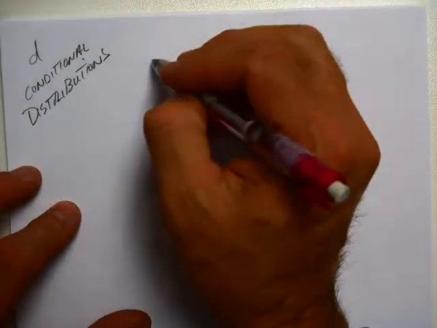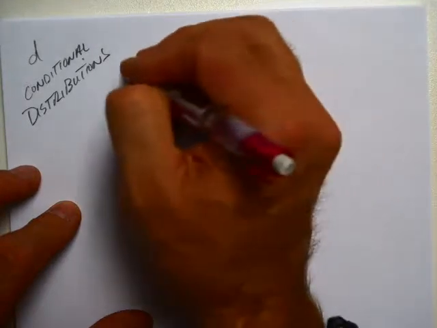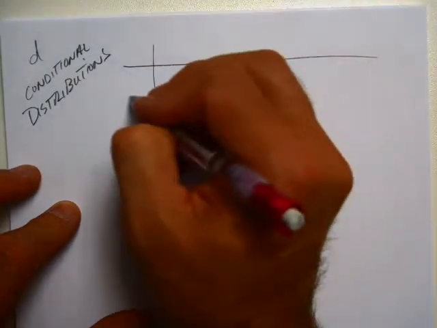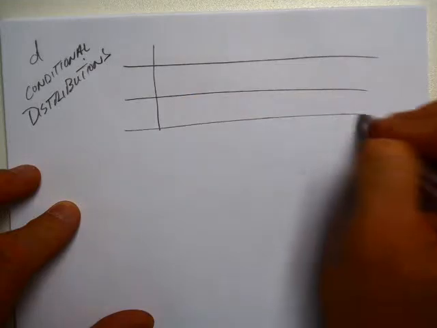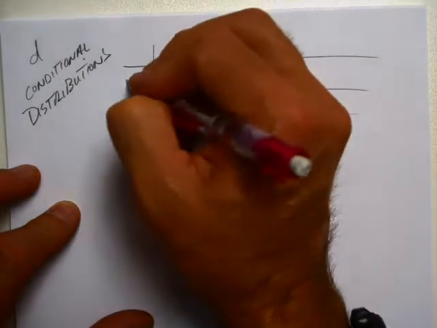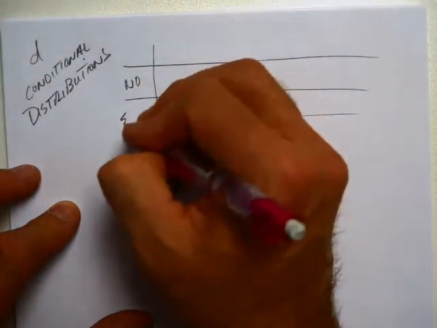Now, conditional distributions can be done a couple of different ways. It says calculate 3 conditional distributions of students' smoking behavior, one for each of the 3 parental smoking categories. Describe the relationship. So I've got no smokers and smokers.